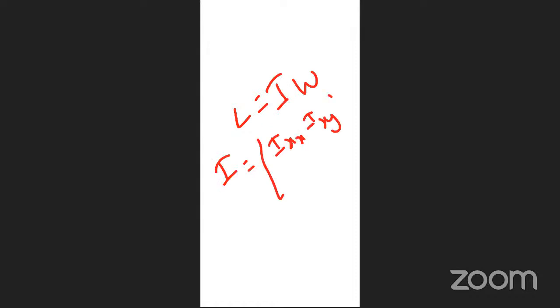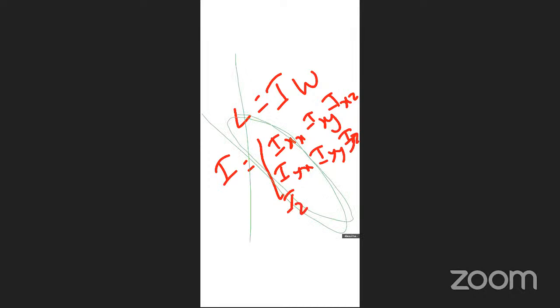I stands for the operator called a tensor. The angular momentum L is equal to I omega, and I is equal to this matrix.